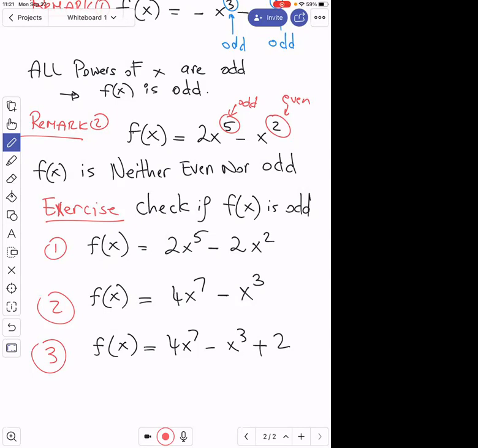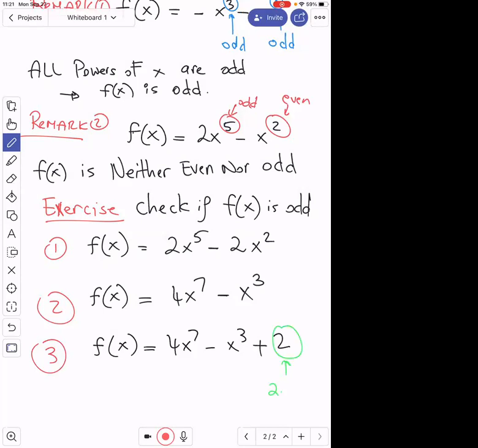Bayesian, you're saying number 1 is neither. That's correct. Number 2 is odd. That's correct. Number 3, is it odd? No. Number 3 is actually neither. That's because, as I said, one is even, absolutely. This constant 2 here has an even exponent.